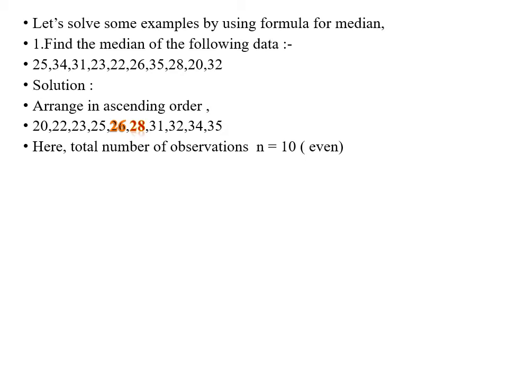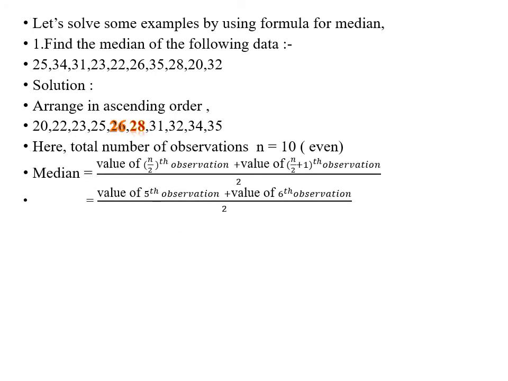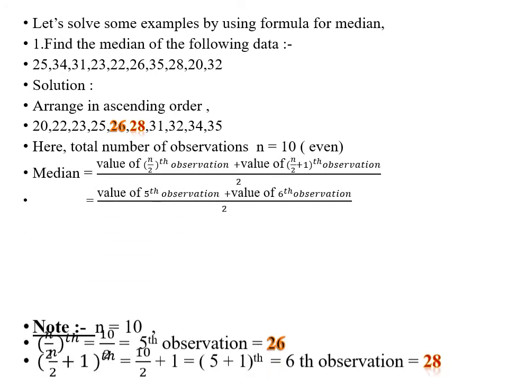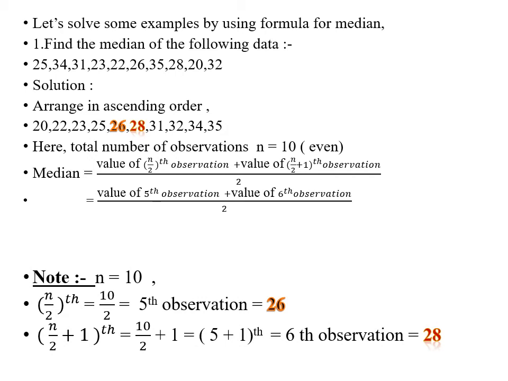So we will get here two middlemost observations, that is 26 and 28. How? Let's see. First you have to write the formula. Now see here in the note, n is even, means we first calculate according to the formula the n by 2th observation. n is 10, that is 10 upon 2 is equal to the 5th observation.